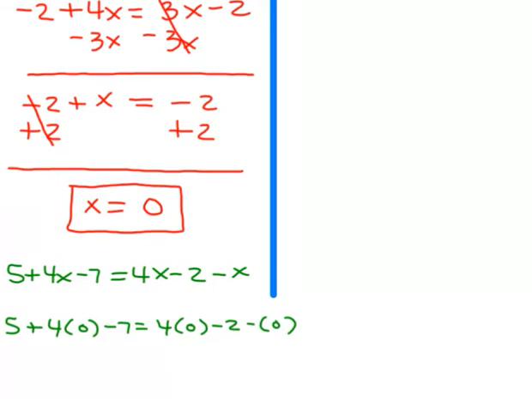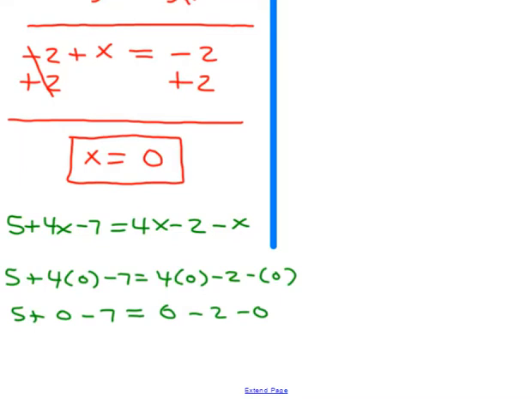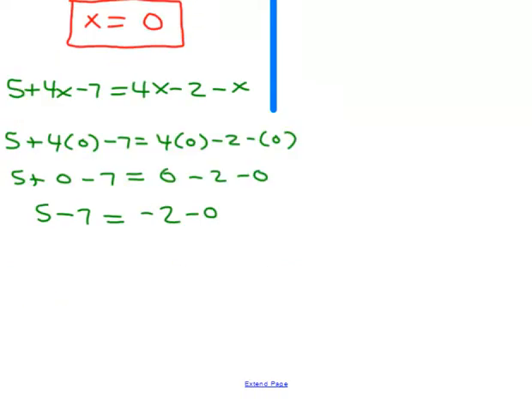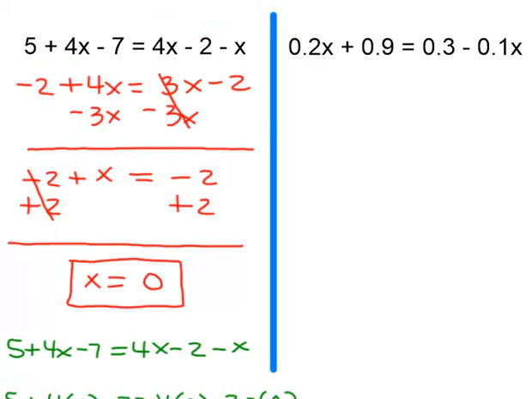All right, so 5 plus 4 times 0 is 0. 4 times 0 is 0. All right, so 5 plus 0 is 5. 0 minus 2 is negative 2. 5 minus 7 is negative 2. Negative 2 minus 0 is negative 2. Our answer works out. All right, let's take a look at the next one.